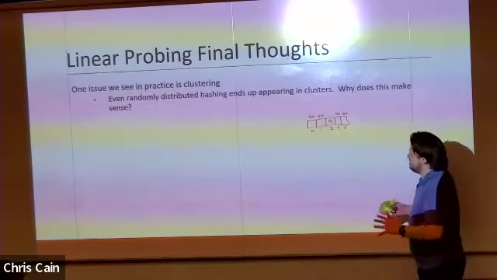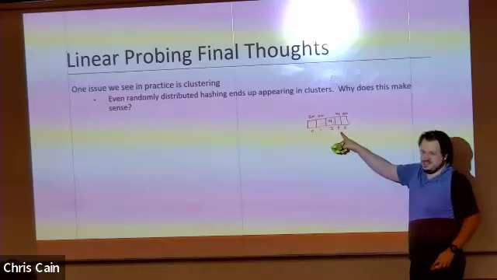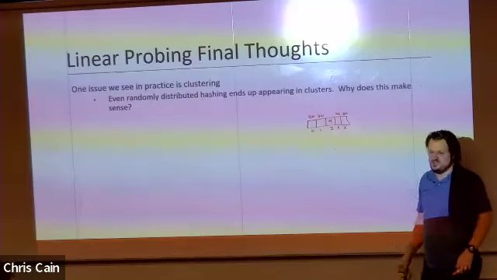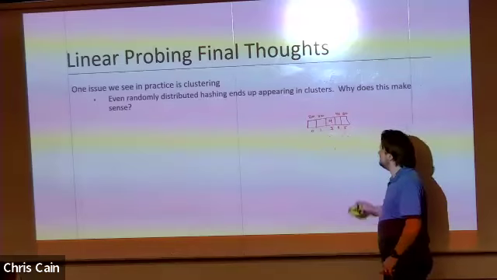So that's the big downside of linear probing in practice, is we see clustering. You end up more likely to hash to that next element after that cluster, because anywhere in that cluster will map to that next element after that cluster.